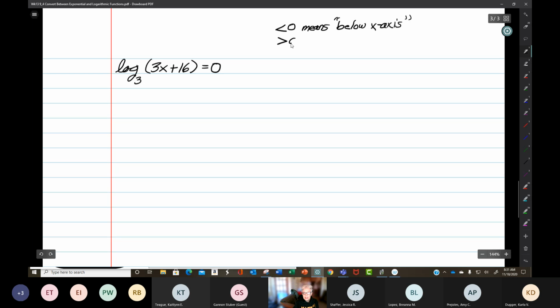Greater than 0 means above the x-axis. And equals 0 means on the x-axis.